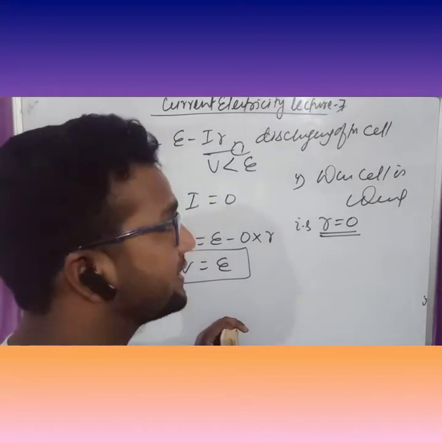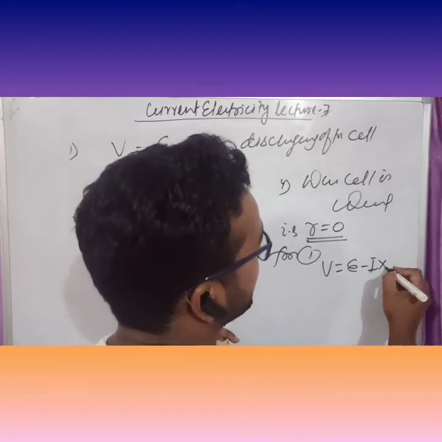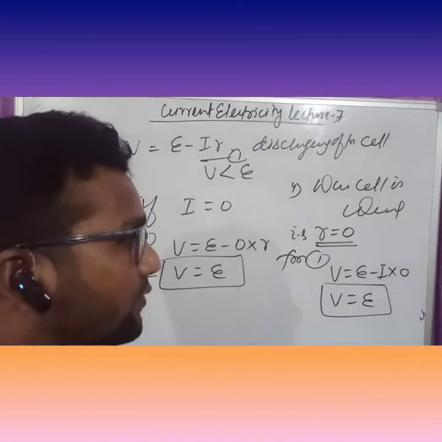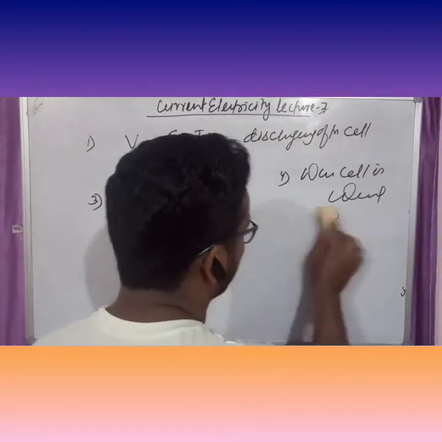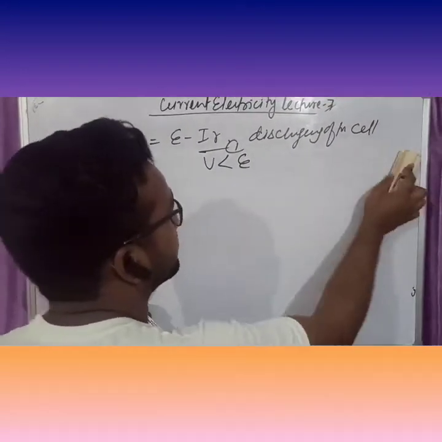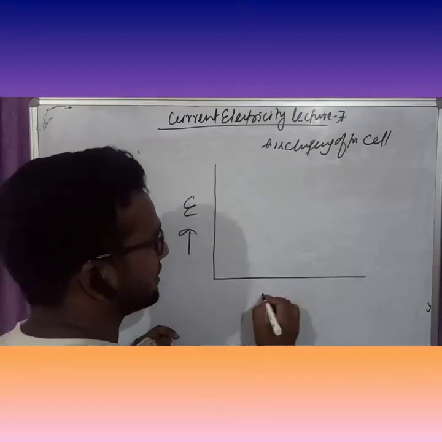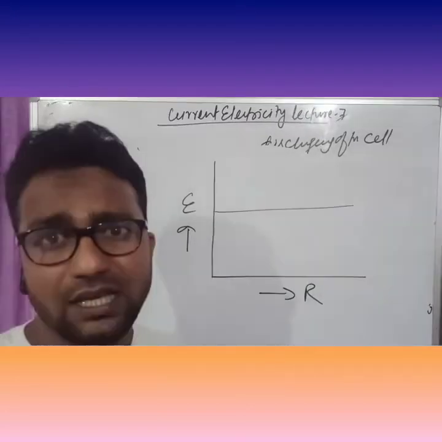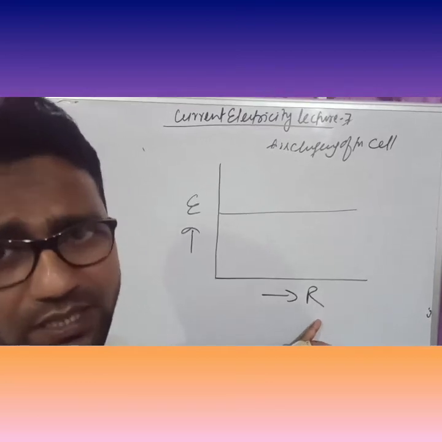In this case from 1 we can write V equal to E minus I into 0, so again V equal to E. Now lastly we have a very simple graph: when we take a graph of EMF versus capital R, it will be like this. It indicates that the EMF of a cell is independent of external resistance.